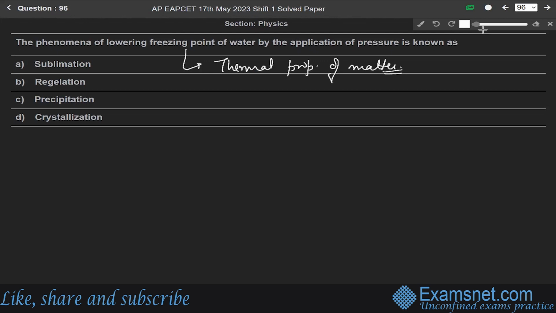We know that regelation is the phenomenon in which ice melts to water below 0 degrees Celsius on the application of pressure and refreezes back to ice on the removal of pressure. Thus the phenomenon of lowering the freezing point of water by the application of pressure is known as regelation. So regelation is the correct answer.